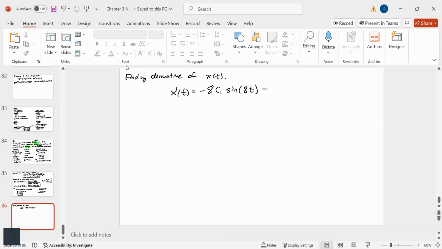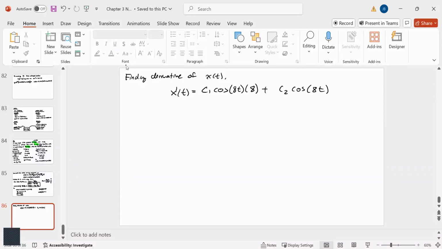And then the derivative of the sine is the cosine. You know what? Just because I think it'll make more sense if I do it this way for some people: C1 cosine of 8t times -8, and the derivative of the sine is the cosine.